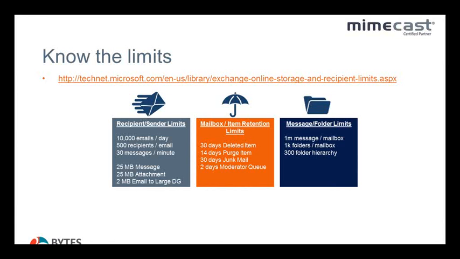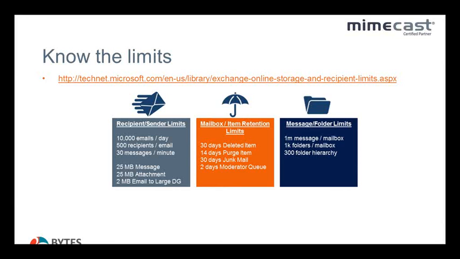But a couple of key points that I've seen in my history where people have faced some challenges around attachments, migrations, and adoption of 365 is paying particular attention to things like the message and attachment size limits. Typically, Microsoft offer a very generous 25 meg message size limit, as well as a 25 meg attachment size limit.